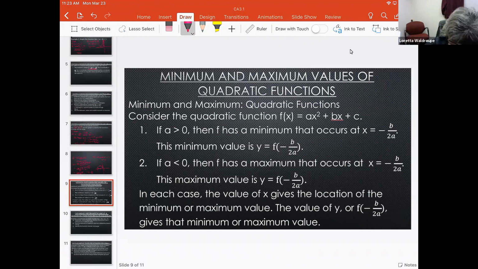When the parabola opens up, the vertex here is a minimum. When the parabola opens down, that vertex is a maximum. So you know without graphing if you're going to have a minimum or maximum, okay?